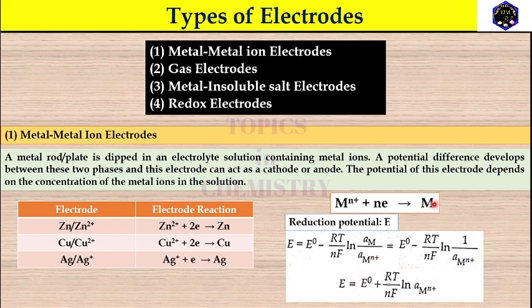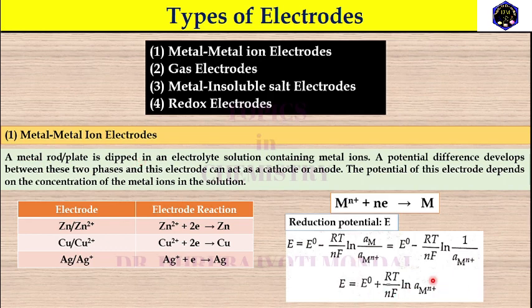You can see here M is solid, that means you can write E is equal to E0 minus RT by nF ln 1 by activity of Mn+. That means you can write E is equal to E0 plus RT by nF ln a of Mn+. So this is the final Nernst equation for metal ion electrode.